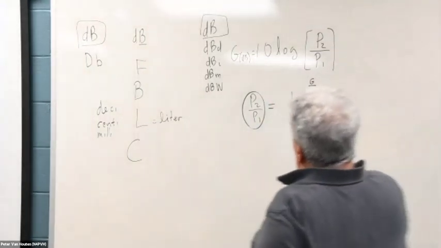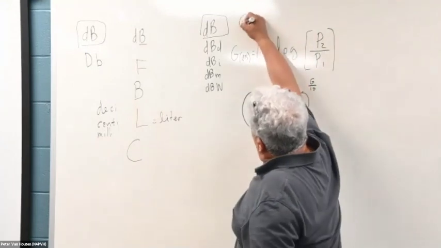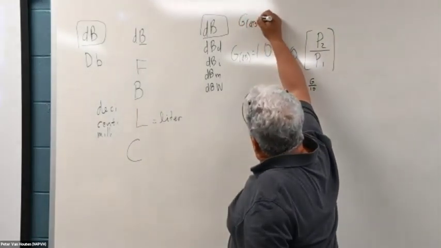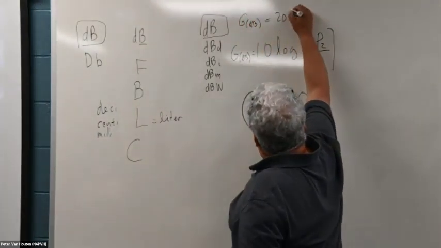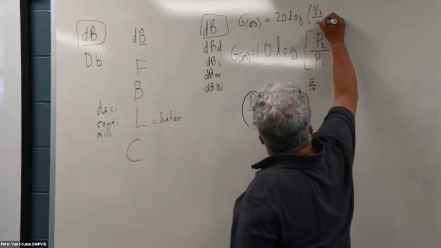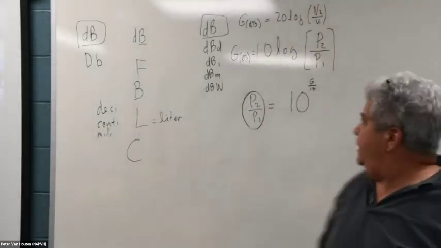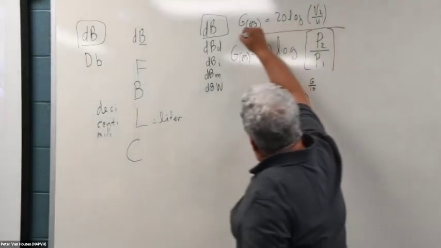There's another one for the voltage, when instead of having powers, you have voltages. I don't use it much, but it's like this. But the power one is the one that I use the most.